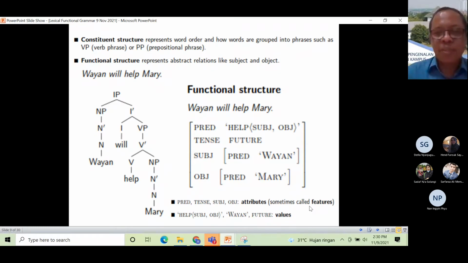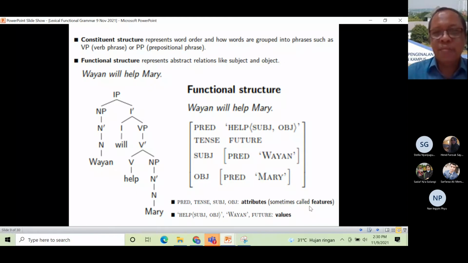And then for the tense, future. And the subject, what is the content of the subject? The subject here has the feature predicate, and the meaning of the predicate is Wayan. And the object, the predicate of the object is Mary.